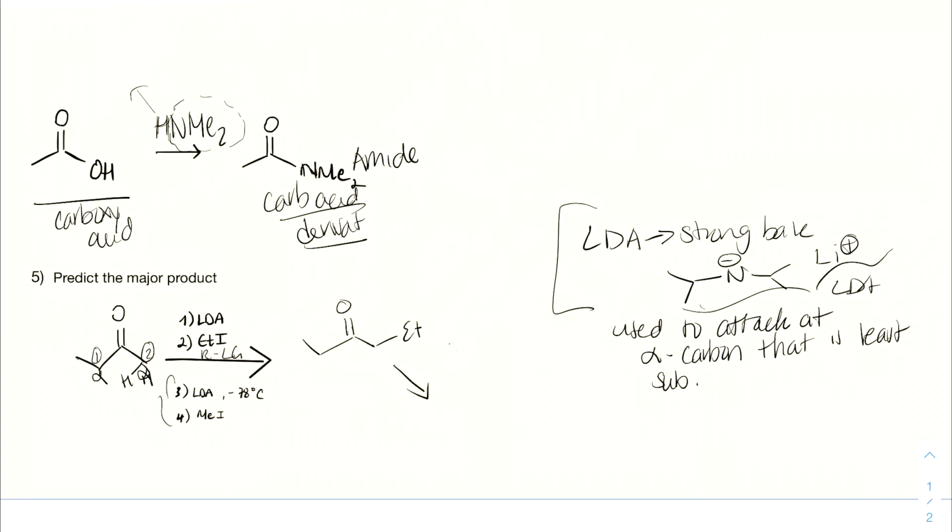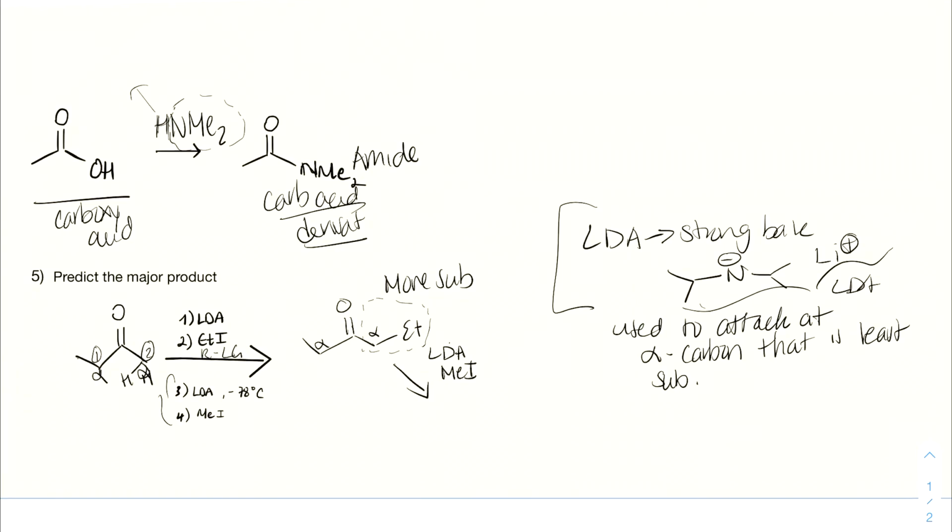So next we're going to do another equivalent of LDA with MeI. And so we still have 2 alpha positions, but we see that this right side right here is now more substituted. So we're going to add the methyl group on this left side. And so we get something that looks like this.